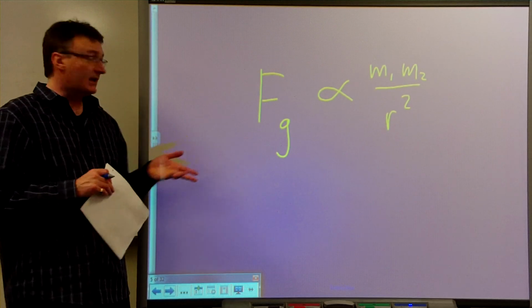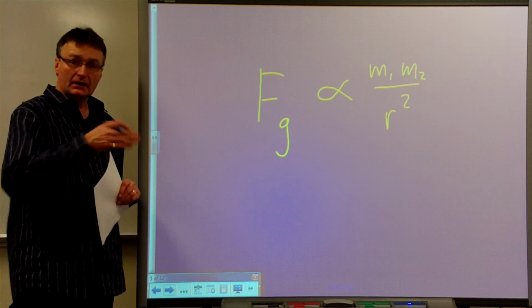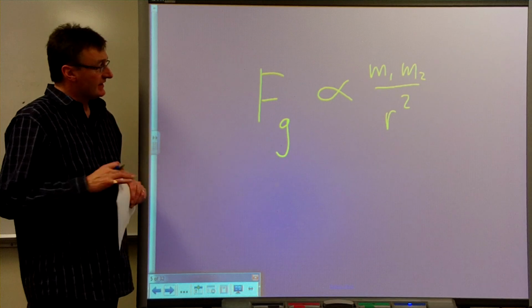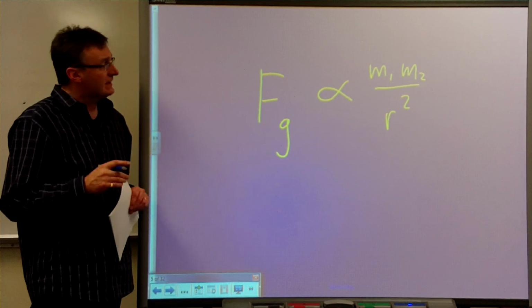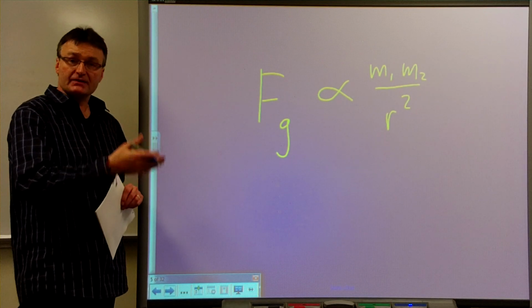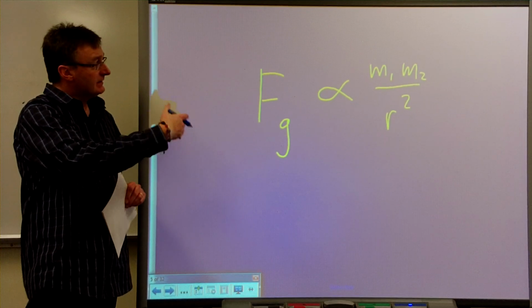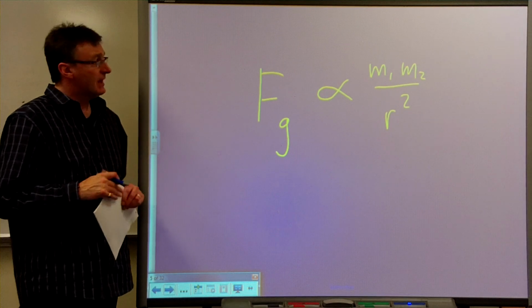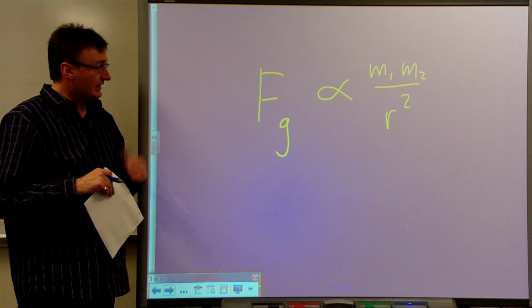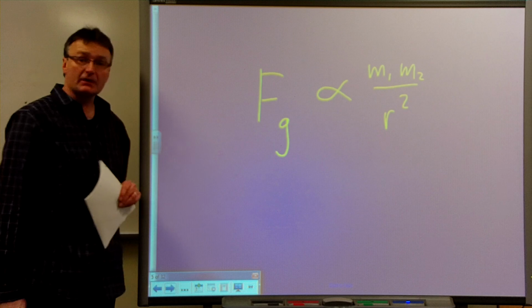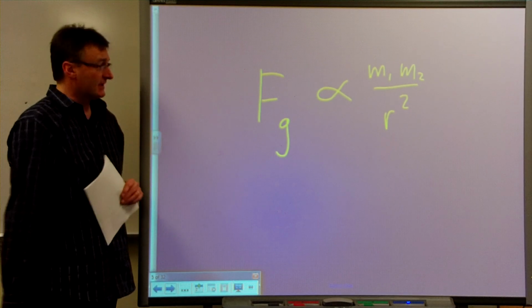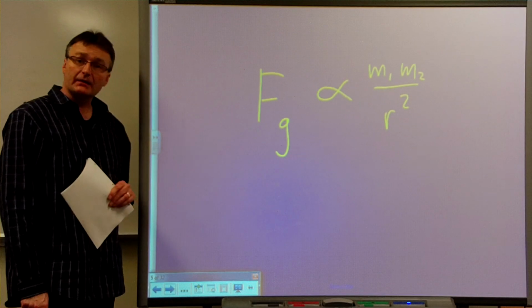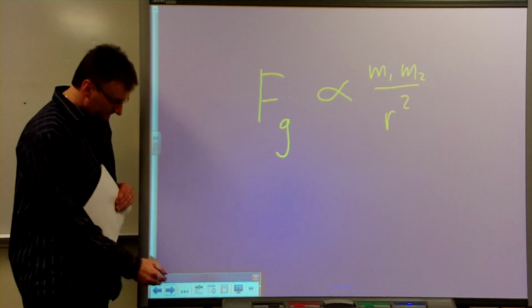It was also noted, early on in experiments, that the force of gravity varied with the product of the two masses. So the mass of the two objects was also a factor in determining the force of gravity, and it turned out to be the product of one mass times the other, divided by the distance between them squared.